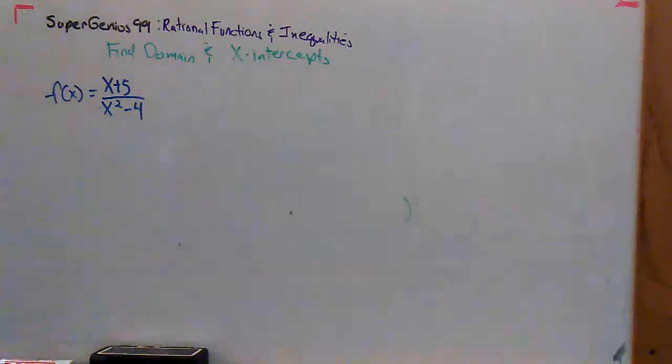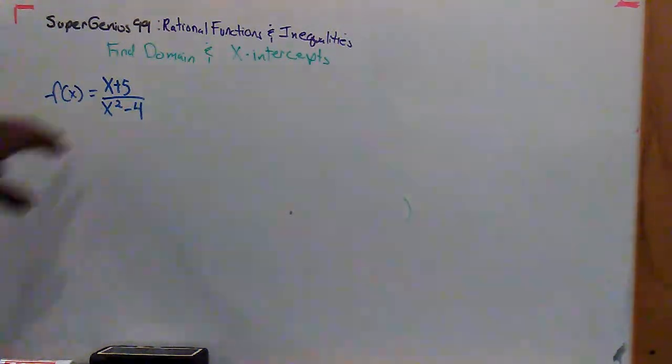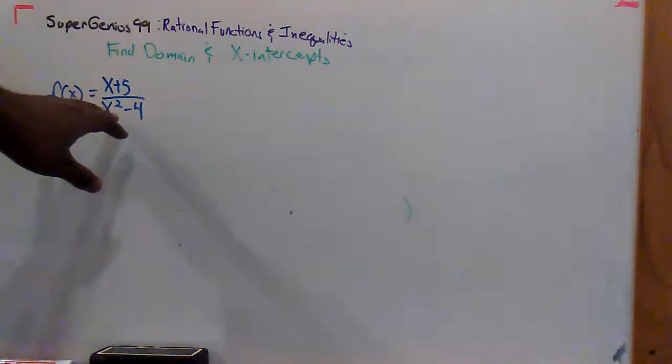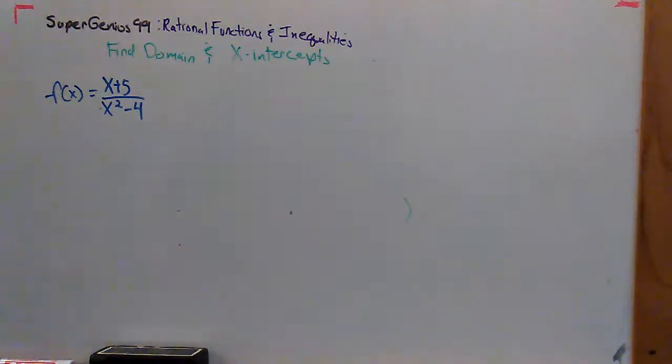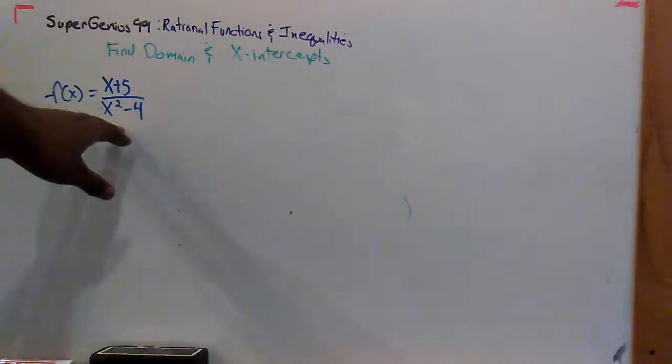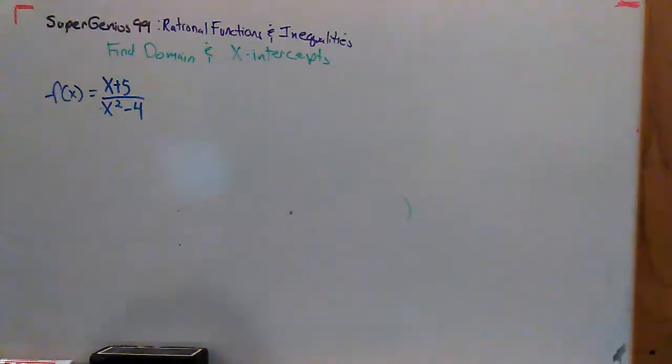So here we have our function as x plus 5 over x squared minus 4. Okay, so let's start out looking for the domain. We establish finding the domain by taking what? Take our denominator, set it equal to 0.